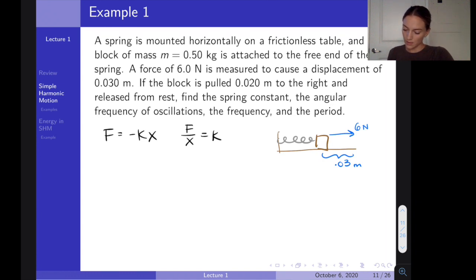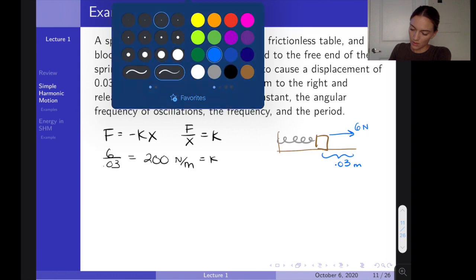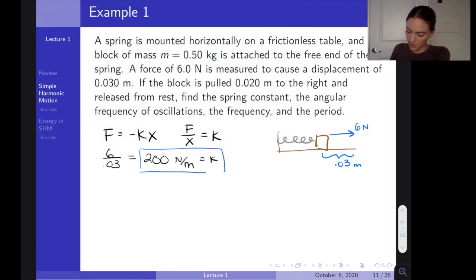So we can divide: the force was 6 newtons divided by 0.03 meters, and that gives us 200 newtons per meter. All right, so now we have our spring constant. So this is equal to k. Let's circle that. So we found our first thing.